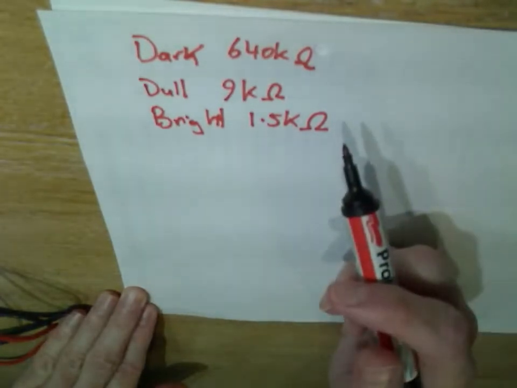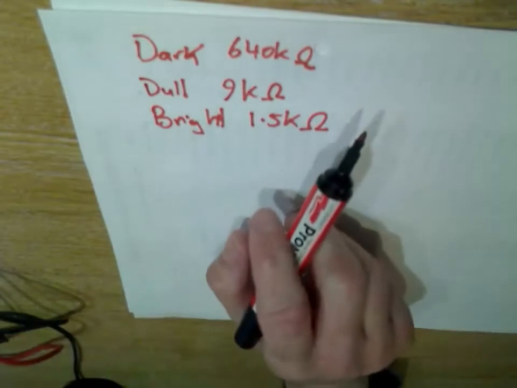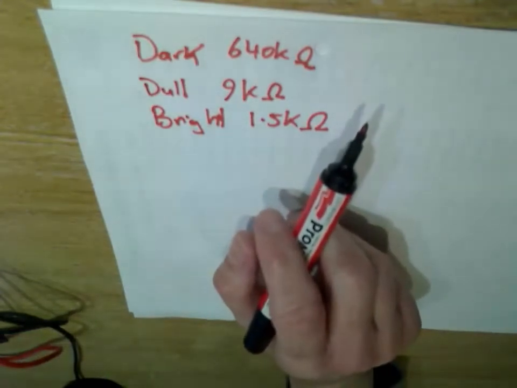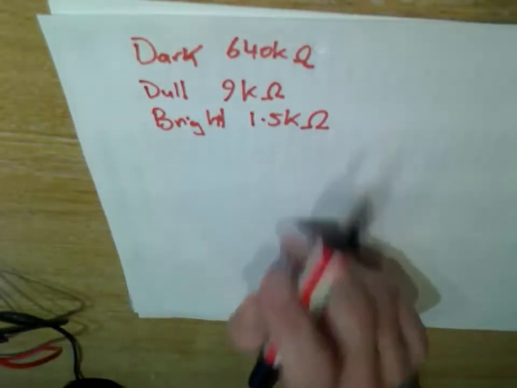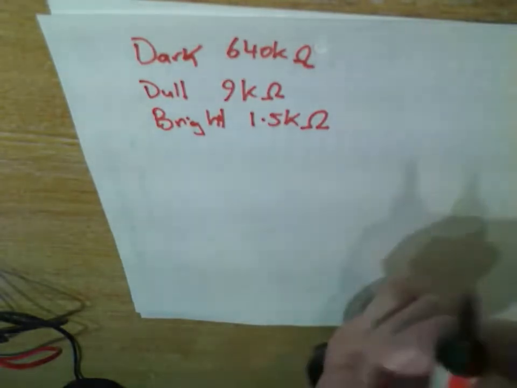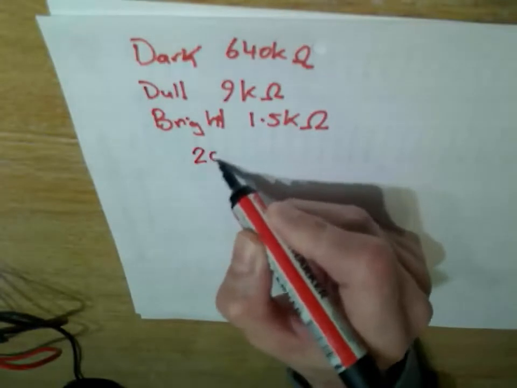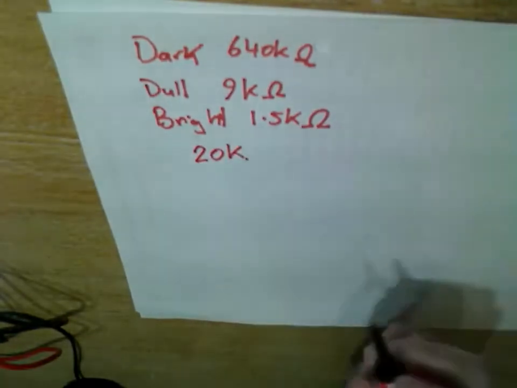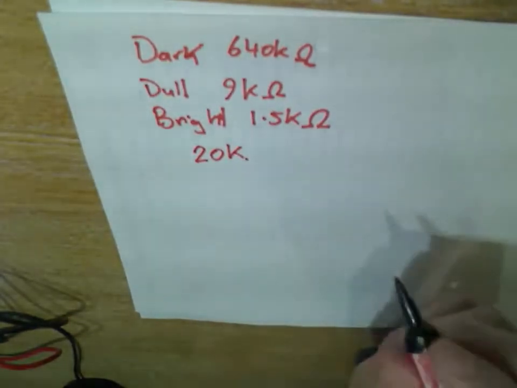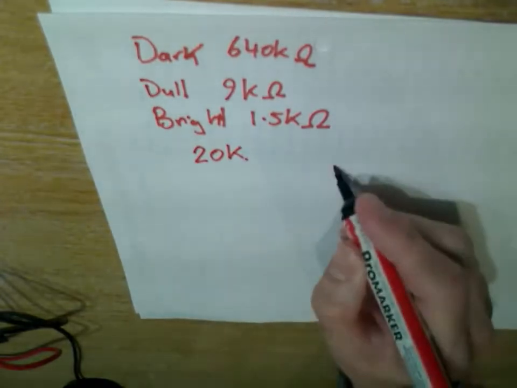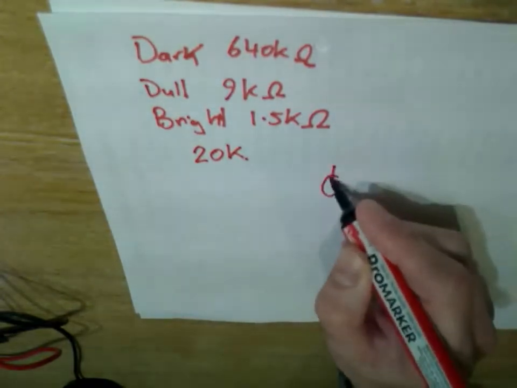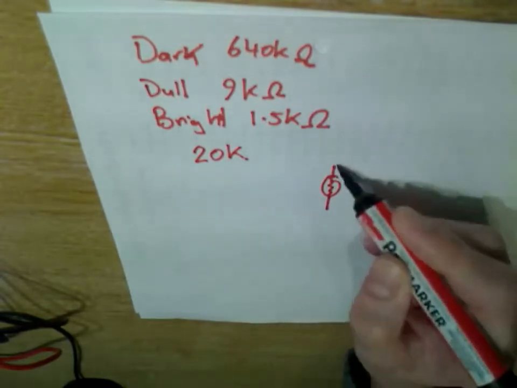So let's take an arbitrary value of 20k, for example. Now we've got our photocell here.